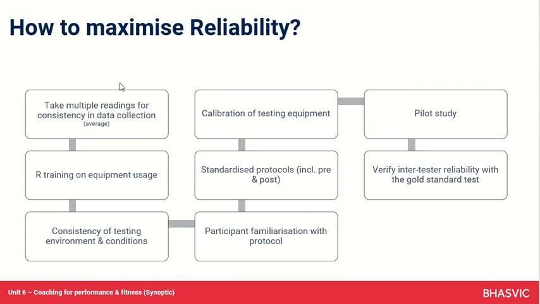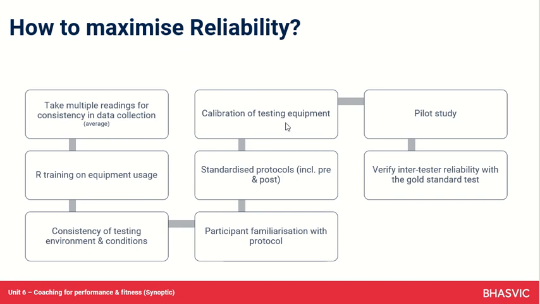These are just some ways to get more consistent, more reliable. Make sure you know what you're doing with equipment. Have consistent conditions. So if you do the yo-yo test in the sports hall one day and you're going to measure them again, make sure you do it at the same time of day, same location, the same surface. If you're doing something like sit and reach, take multiple readings, take the average maybe.